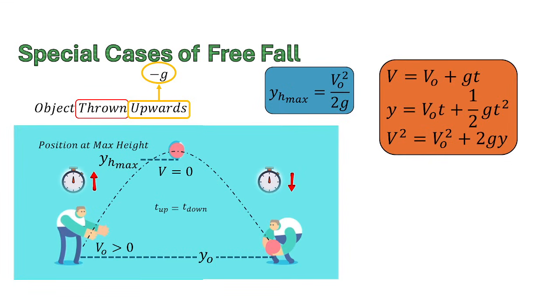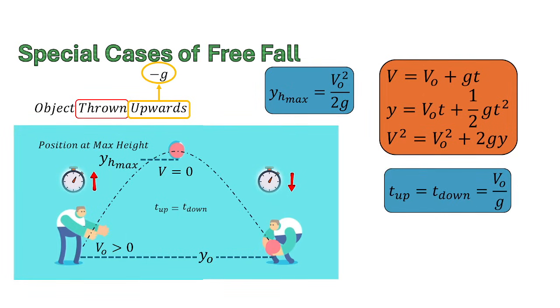So T up is equal to T down. In getting T up and T down, we're going to use the first formula on the orange curved rectangle. So T up is equal to T down, which is equal to V0 over g.